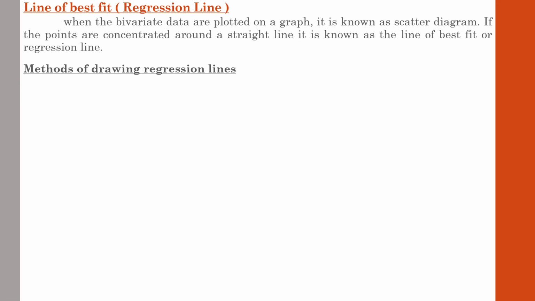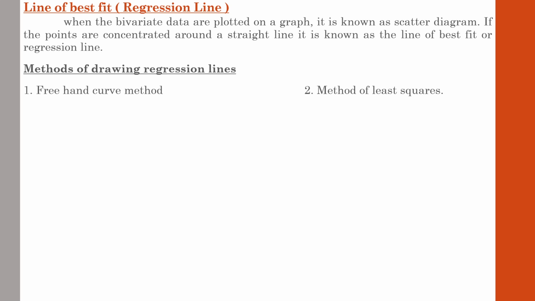Next one, methods of drawing a regression line. There are a number of methods for identifying the regression line. For the time being, we will be studying two main methods. One is freehand curve method and the second one is method of least squares.